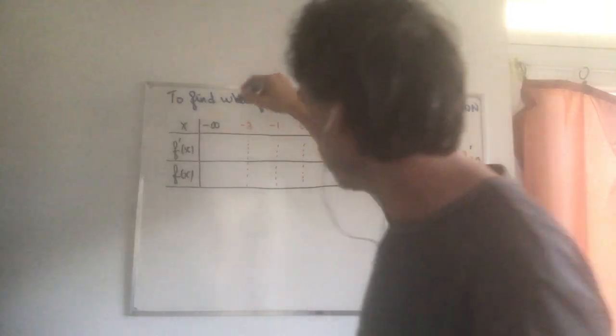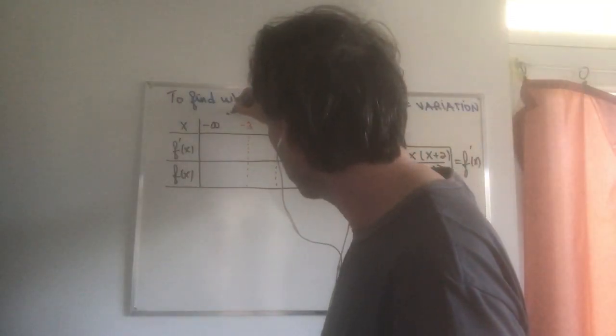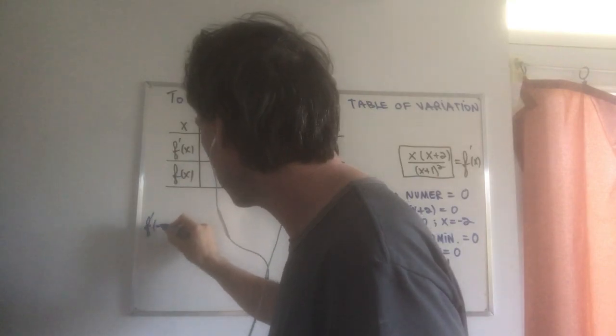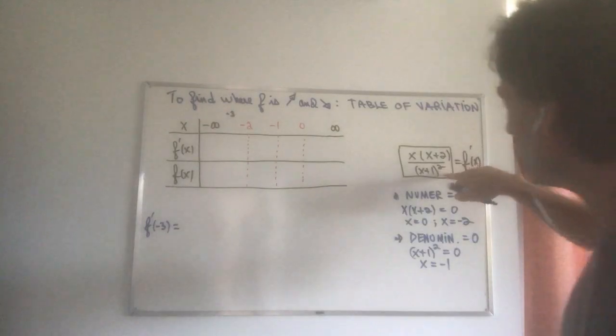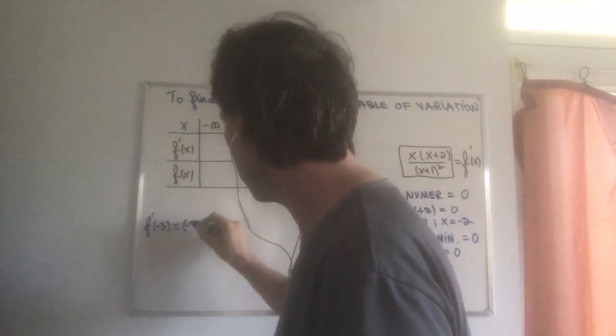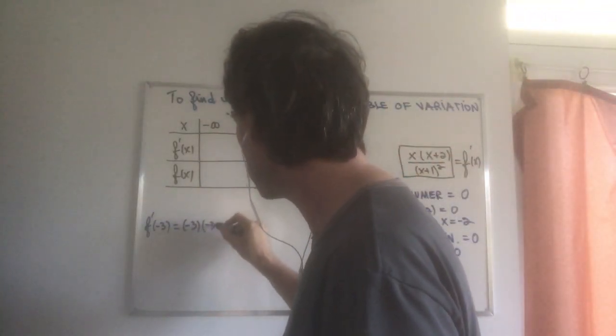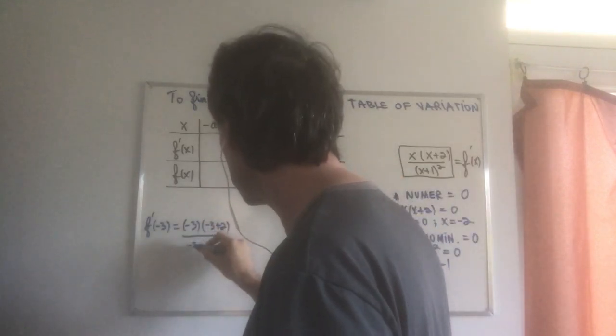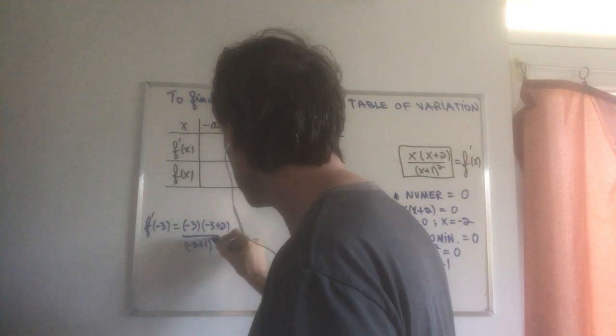So what shall we take here? Minus 3. Shall we take minus 3? So f prime of minus 3. Where's my f prime? It's here. So minus 3 times minus 3 plus 2 over minus 3 plus 1 squared. This is how we do this.